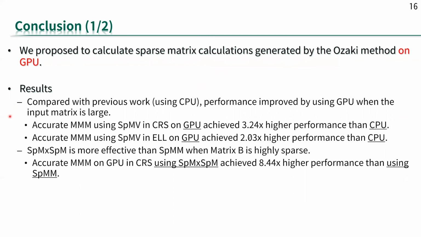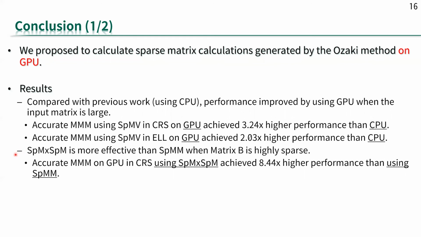We showed that accurate matrix-matrix multiplication using SpMV in CRS format on GPU achieved 3.24 times higher performance than on CPU, and SpMV in ELL format on GPU achieved 2.03 times higher performance than on CPU.